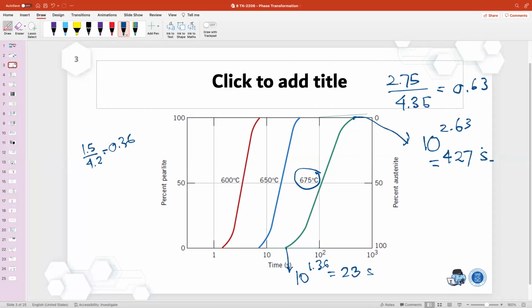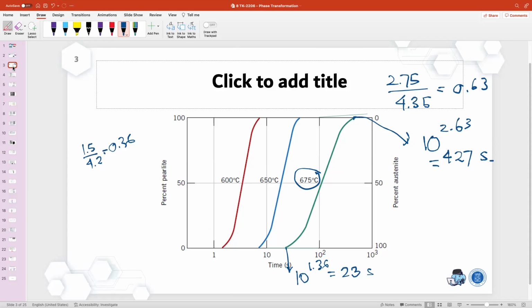However, if you cool it down lower to 600 degrees Celsius, then you just need time less than 10 seconds. So you can see that the temperature of the transformation will affect the time for the transformation.